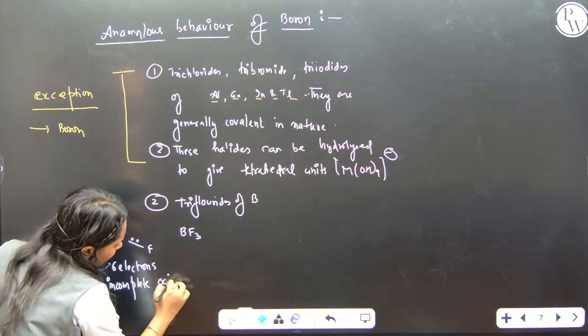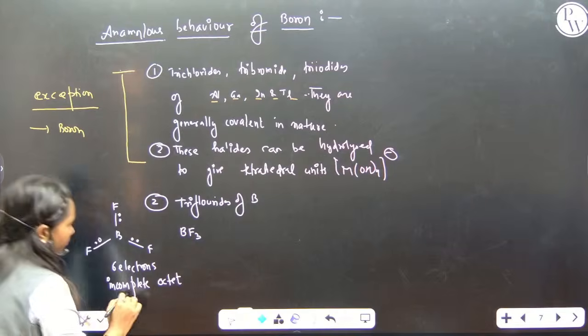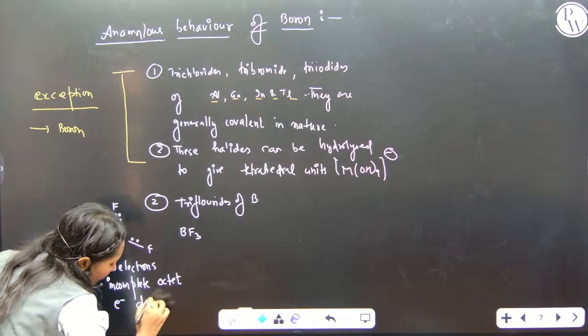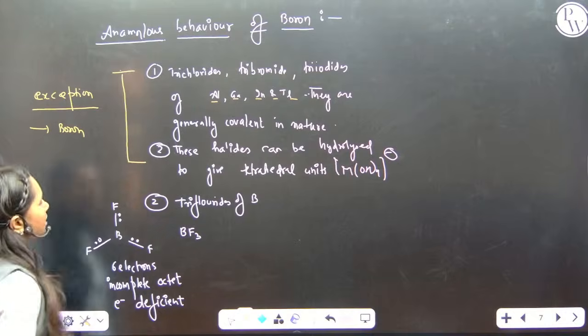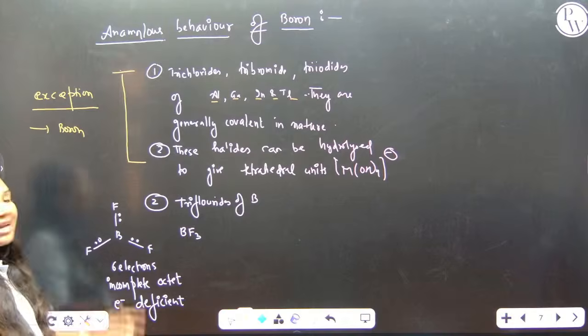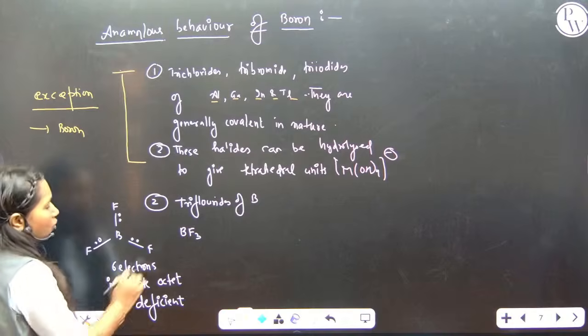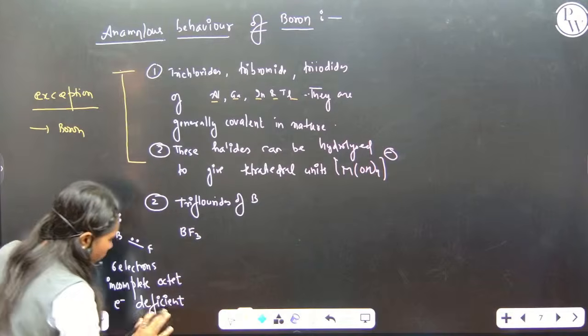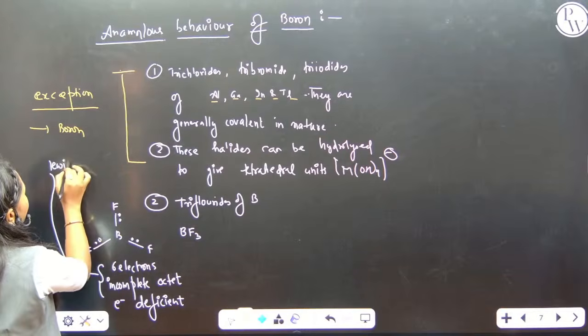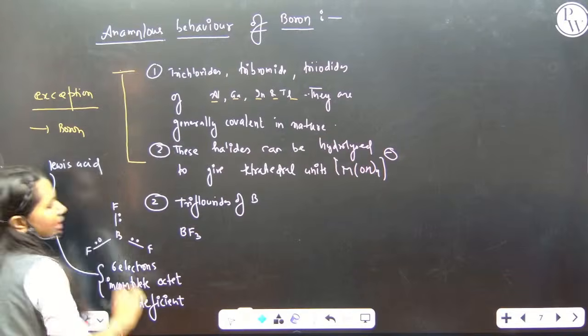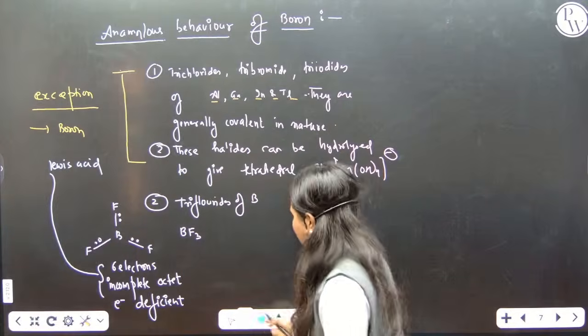Incomplete octet. Electron deficient. Correct? Incomplete octet, they are electron deficient. So BF3 is electron deficient, and they are called what? Lewis acid. Correct? So BF3 is a Lewis acid.